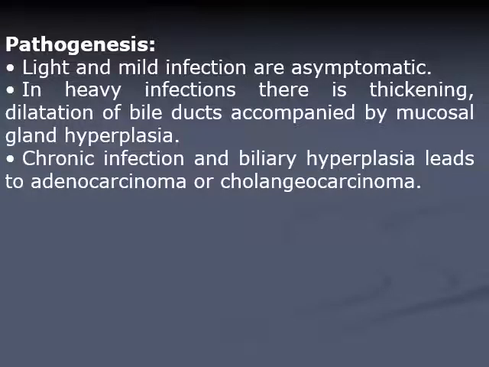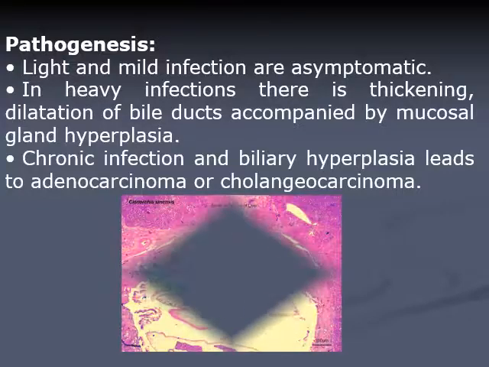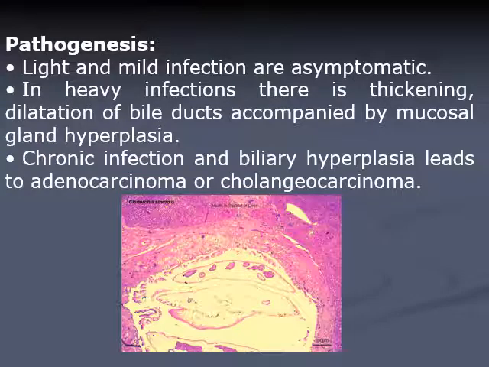Chronic infection and biliary hyperplasia lead to adenocarcinoma or cholangiocarcinoma in the bile ducts, and so it can cause cancer in the liver. Here is a cross-section of a chronically infected patient.